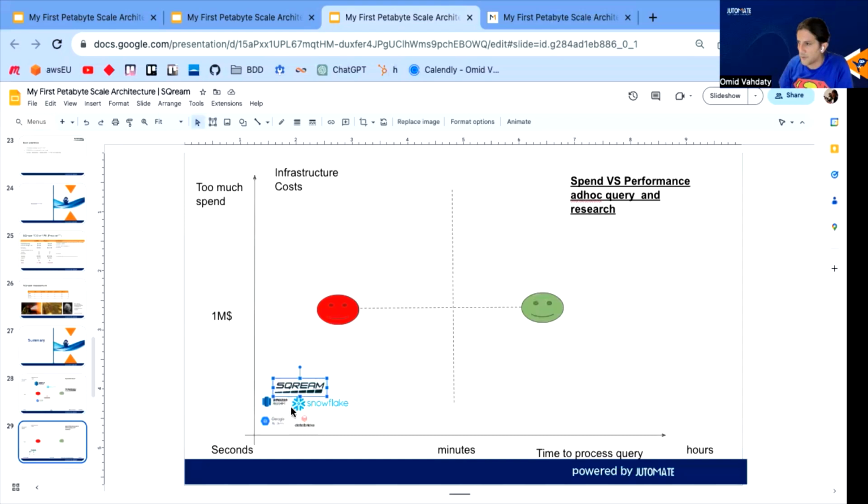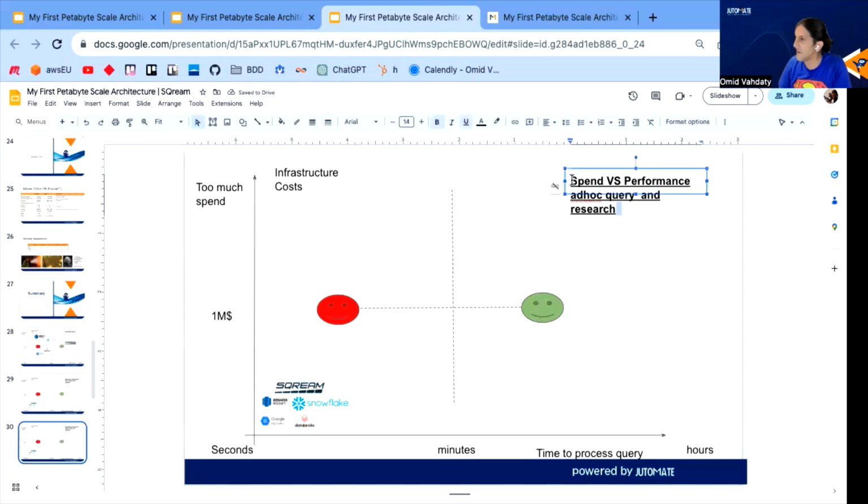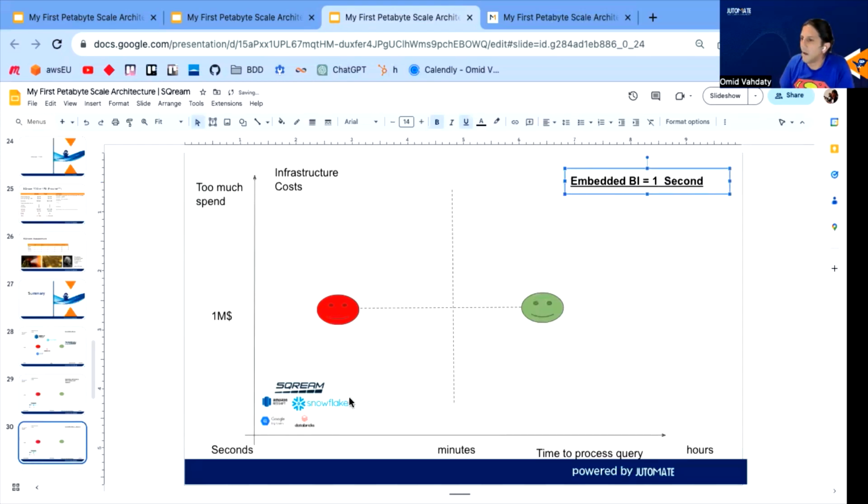So it doesn't make sense. You won't be able to do this on this one, but we could say the following. If we are talking about embedded BI, where you would expect sub-second, there will be give or take 1 second, 2, 3, 4, 5 seconds.